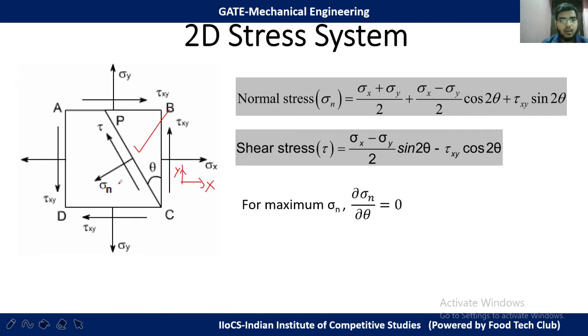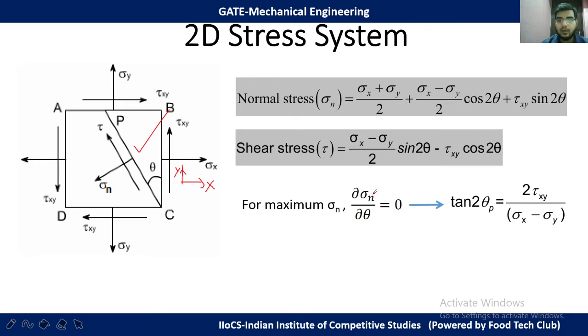Okay. So for determining the maximum normal stress sigma n, for the maximum value of sigma n, d sigma n by d theta will be 0. So the slope of sigma n will be 0. This will give tan 2 theta p equal to 2 tau xy divided by (sigma x minus sigma y).